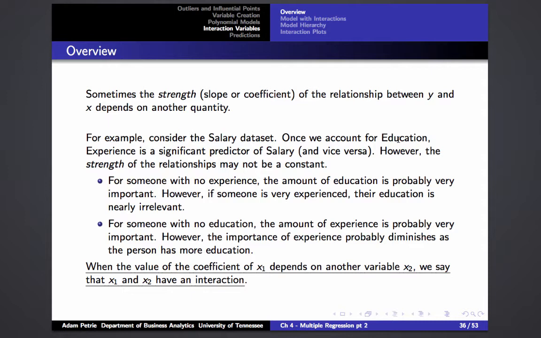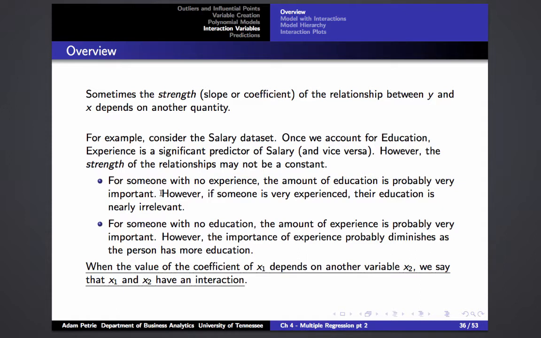Now, that's probably not actually the case, because the strength of the relationship between salary and education probably changes depending on how much experience someone has. For someone with no experience, the amount of education is probably very important when determining salary. So if we compare two people with absolutely no experience, the person who's more educated probably receives a lot bigger increase in salary compared to the person with no experience and no education.